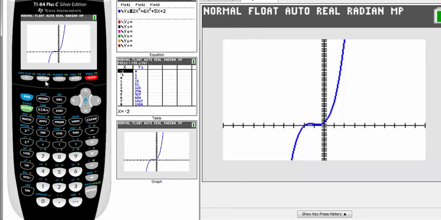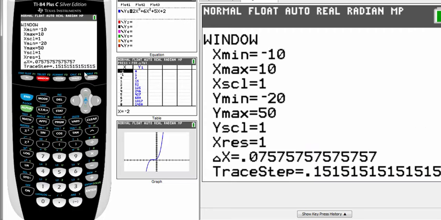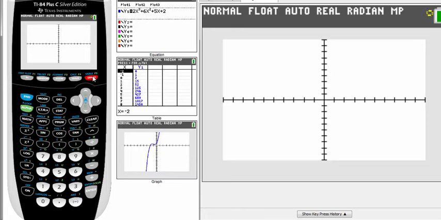It's hard to tell, so I want to change my window, and instead of going up to that 50, let's change it to just 10, and let's go down to -10 on my Y min. So we should be able to get a better idea if that's actually touching or crossing. Okay, oh, it's not even touching at all.